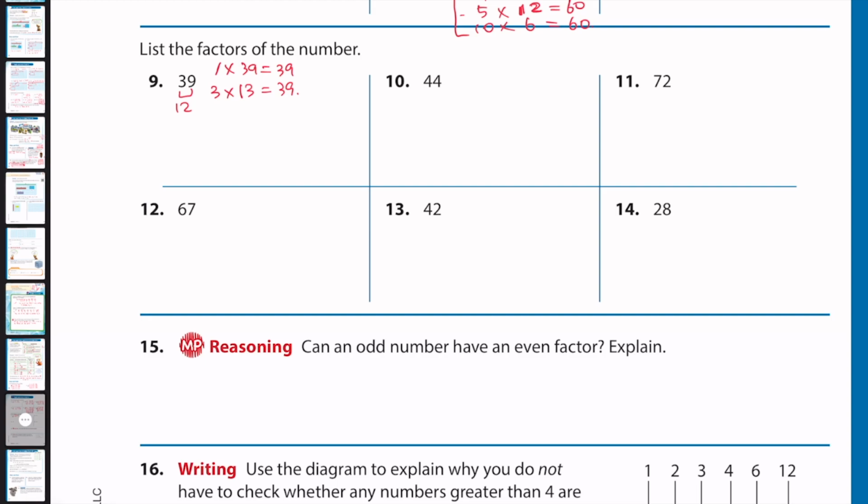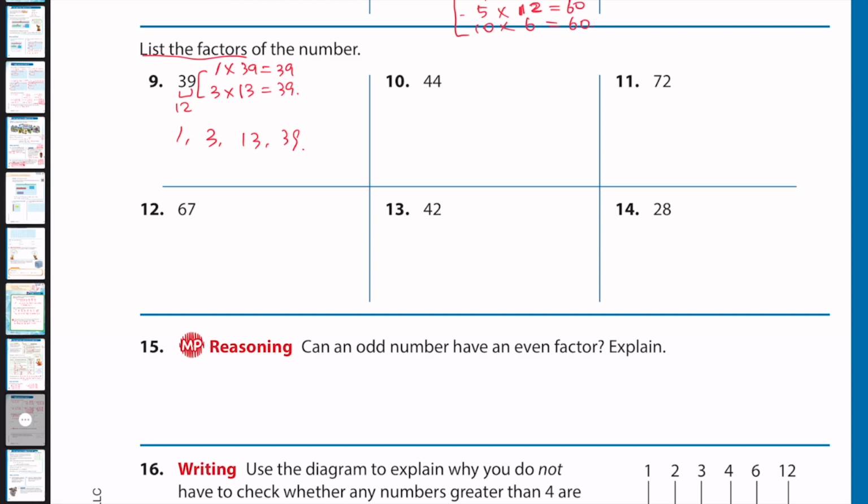No more. 4 can't be. 5 can't be. 6 no, since this is an odd number. So only 2 pairs, which means you need to list the factors. So I'm going to say 1, 3, 13, 39. Least to greatest all the time.